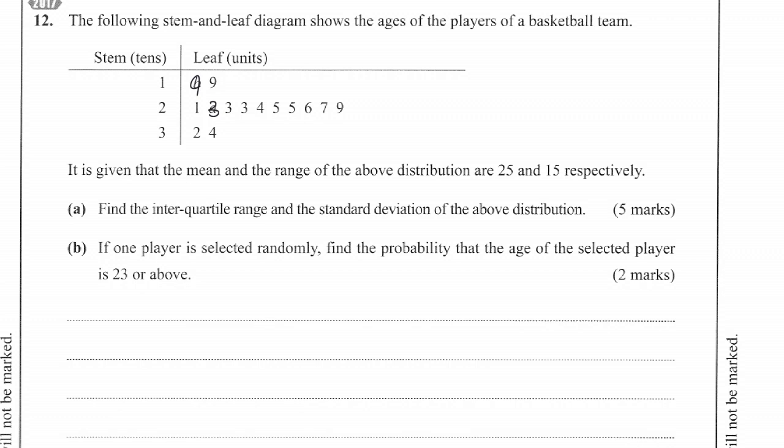Okay, so probability is always equal to your target divided by the total possibility, total outcome, right? So 23 or above, that means from here we have 11 targets. That's why it is 11, divided by the total number of students, 14. That's all.